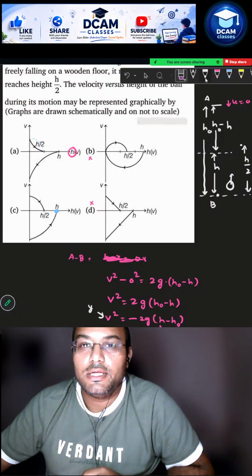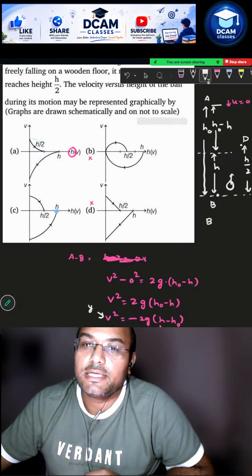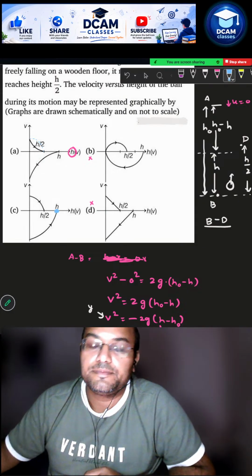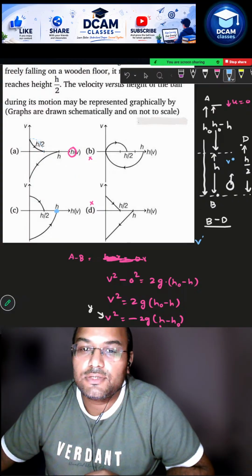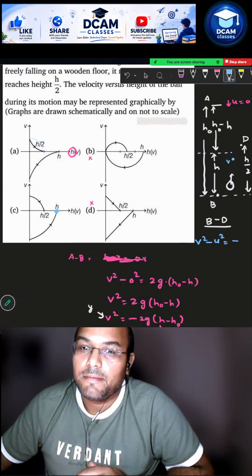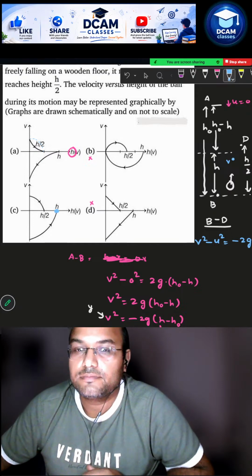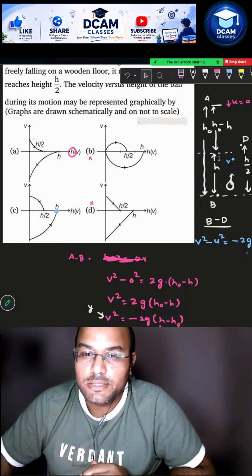So your equation would be for the B to D motion, let's say it is D. From B to D motion, at any time, v square minus u square is equal to minus 2g into h. It takes something wrong? v, u, a, g, h, not minus h.